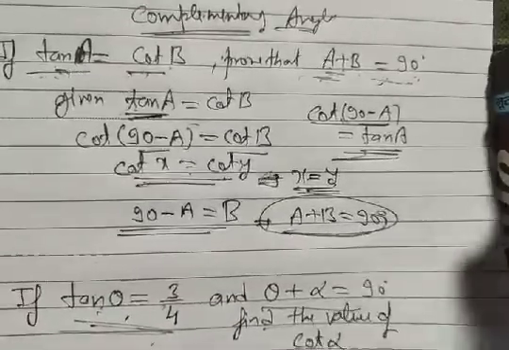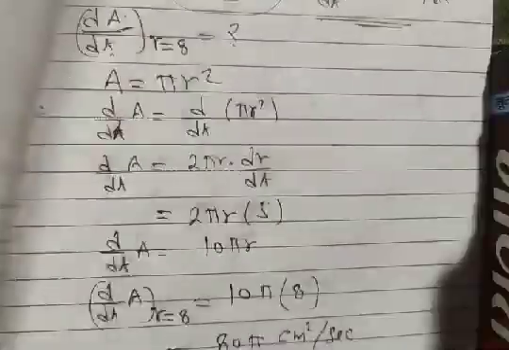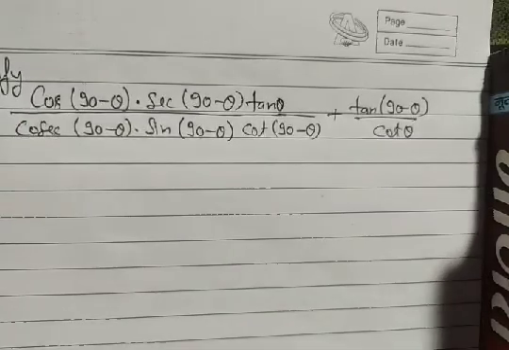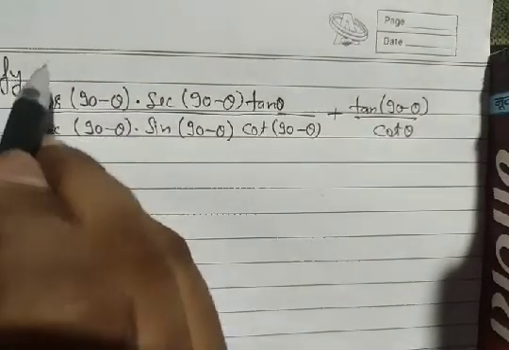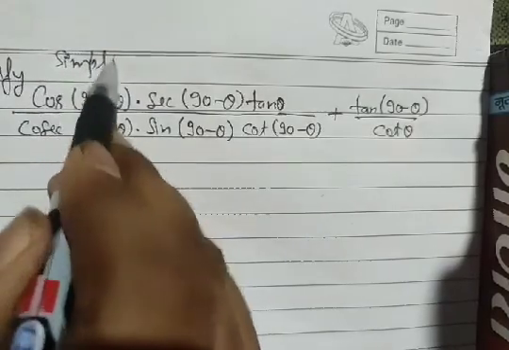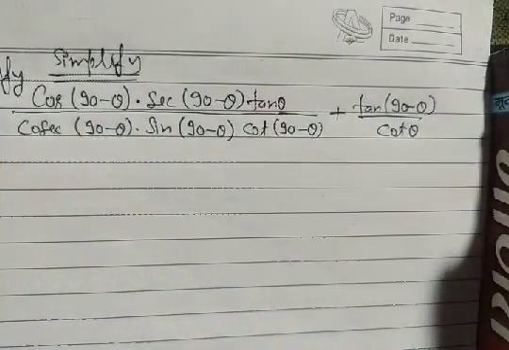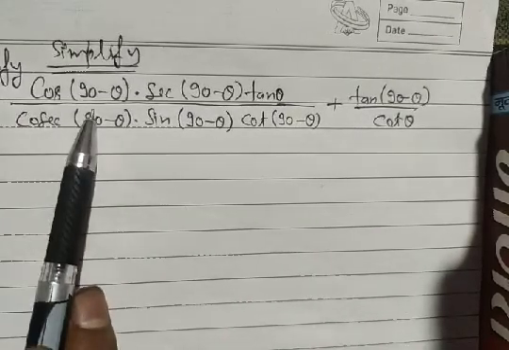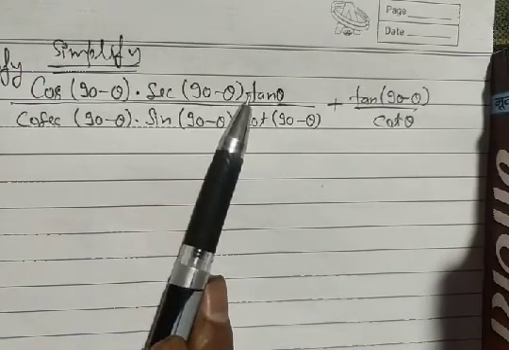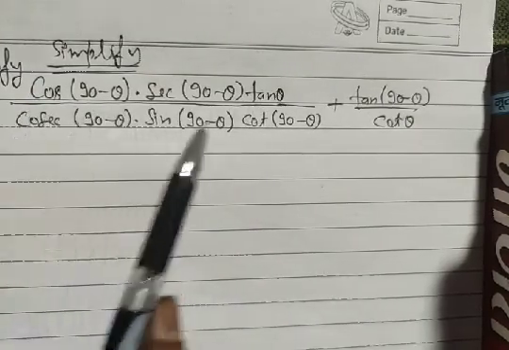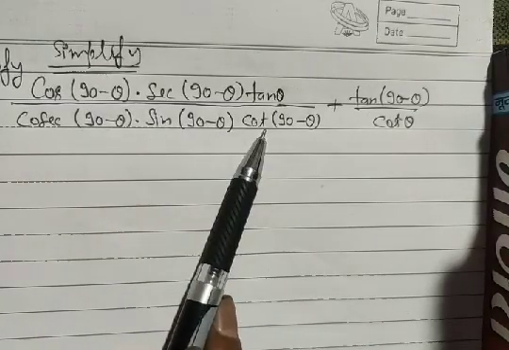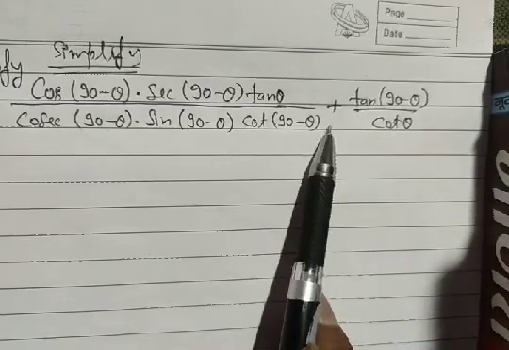Now we proceed to our next problem. Look, we have to simplify cos of 90 minus theta into sec of 90 minus theta into tan theta, and in the denominator is given cosec of 90 minus theta into sin of 90 minus theta into cot of 90 minus theta, plus tan of 90 minus theta by cot theta.